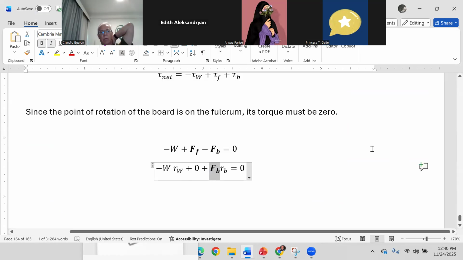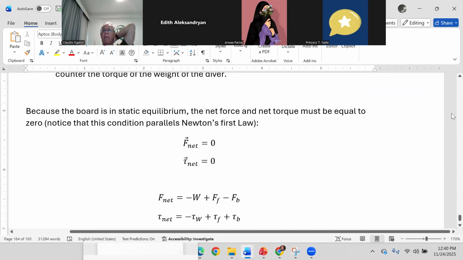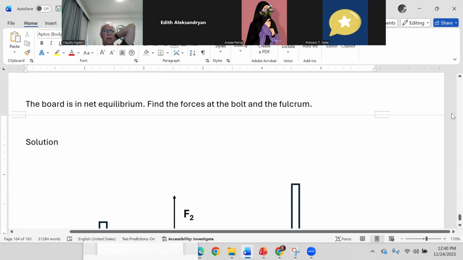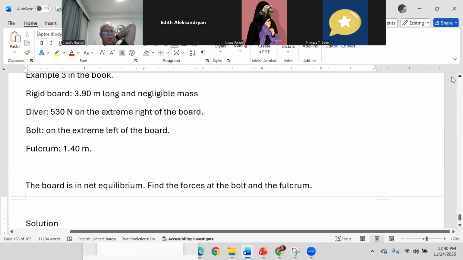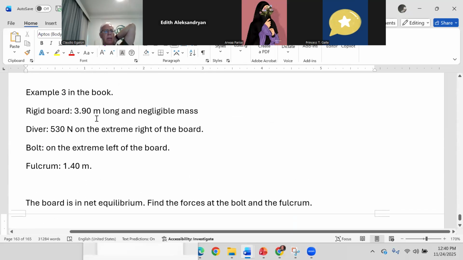Everything else we know. Two unknowns, two equations. So we have R_W, we have R_B. Let's take a look here. R_B, the board is 3.9 meters. The boat is on the extreme left. Fulcrum, 1.4 meters. Okay.